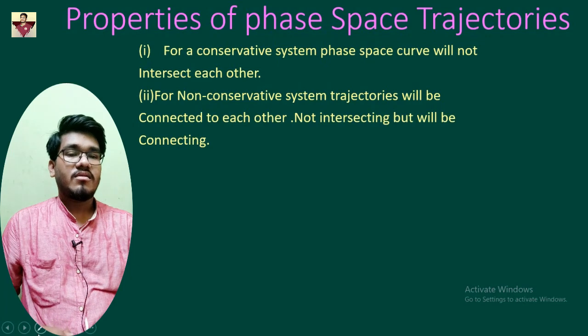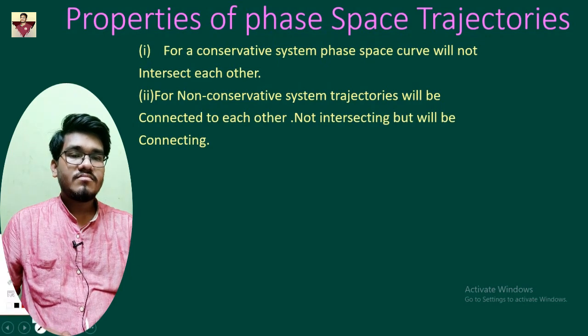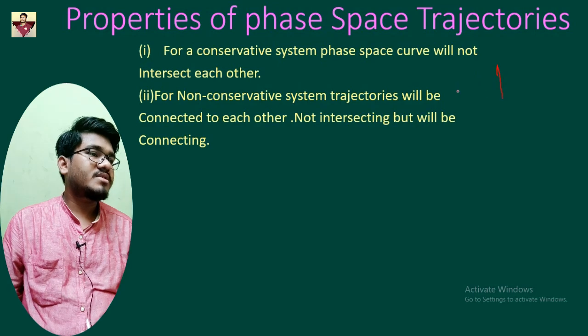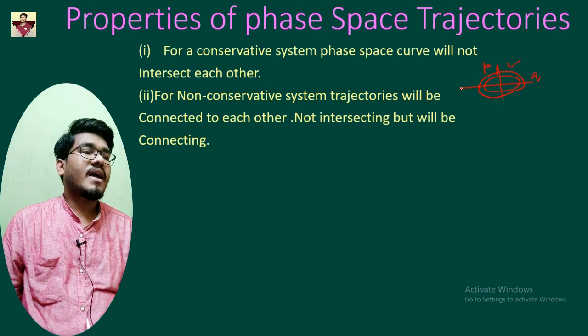Like here, if I plot for a conservative system, let's say this is your phase trajectory of some system, P versus Q, as you can see, the phase trajectories are bounded and they are not intersecting each other, right?